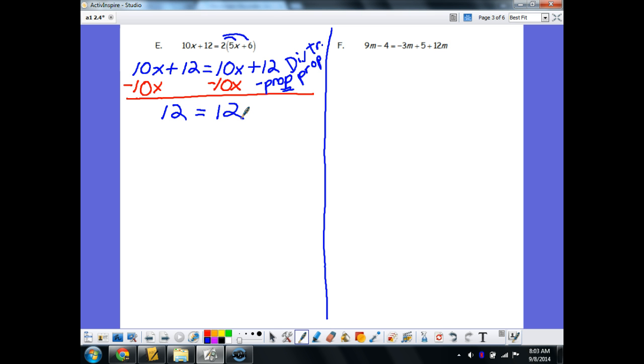Now, when this variable completely cancels out, you are either going to be left with something that is always true or something that is never true. Some constant is equal to some constant. In this case, 12 equals 12 is always true.